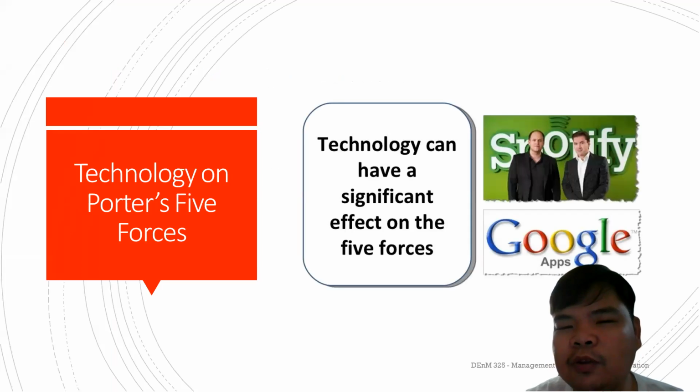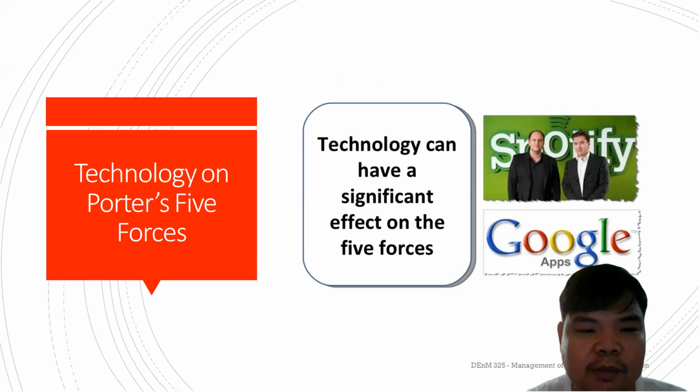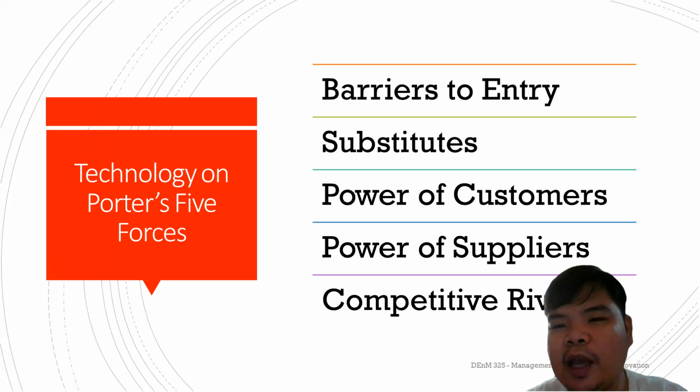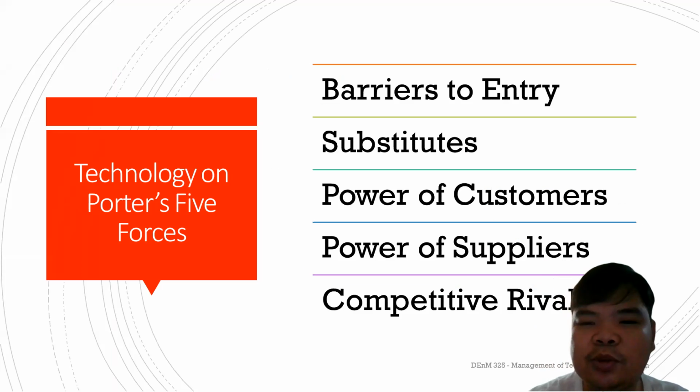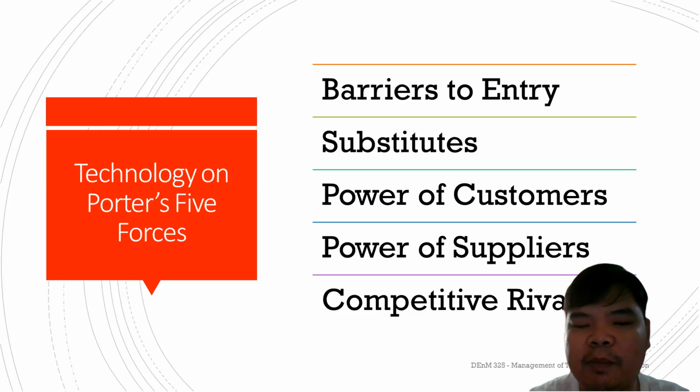Now, how does Porter's five forces relate to technology? Actually, technology can have a significant effect on Porter's five forces. So what are these five forces? We have the barriers to entry, substitutes, power of customers, power of suppliers, and competitive rivalry.